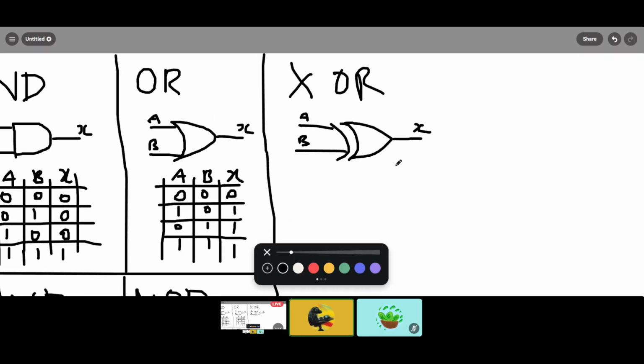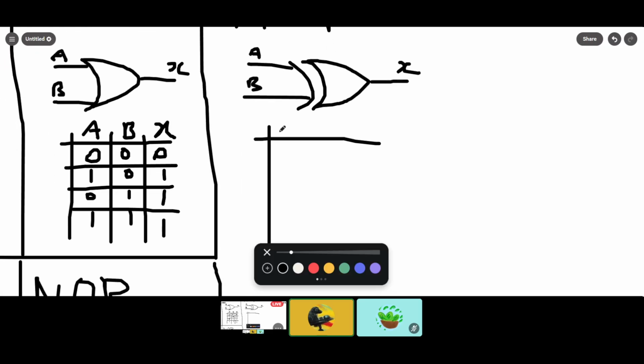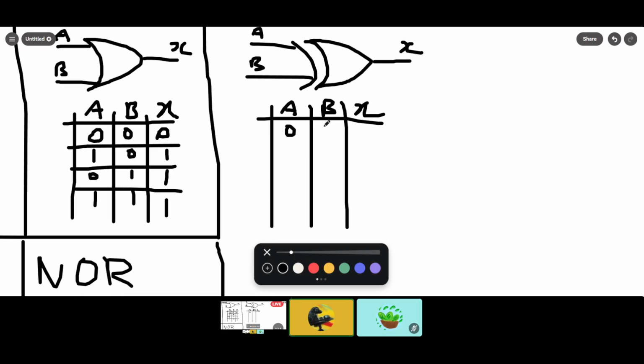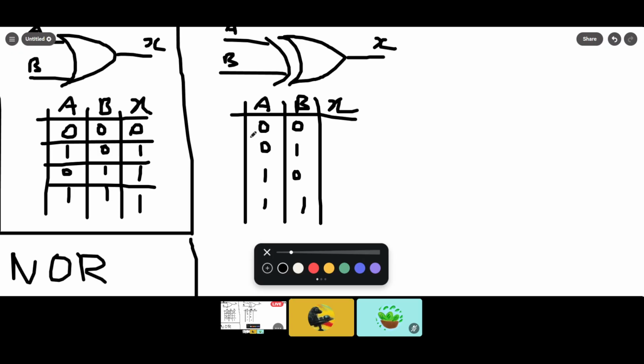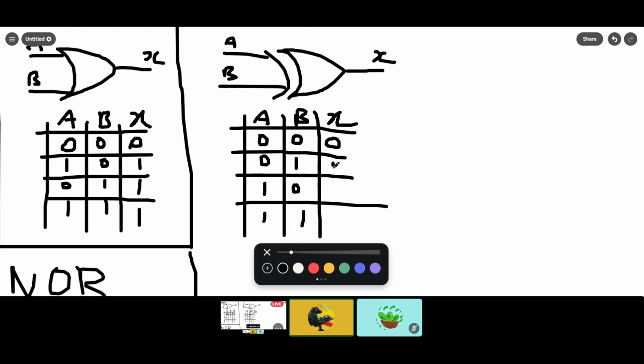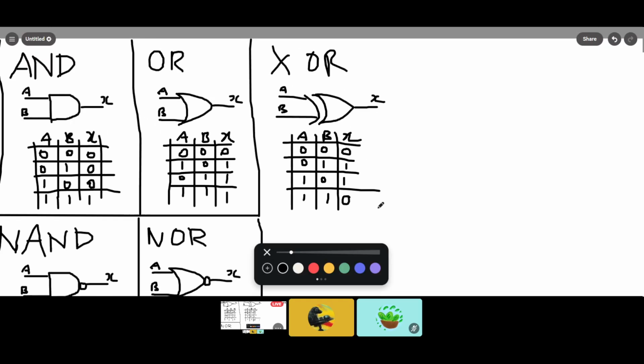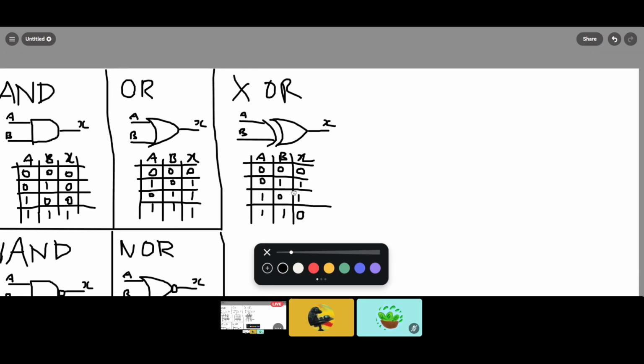And this is the XOR. So what is the behavior of this special logic gate? Let me draw the configurations. When both inputs are 0, it's 0. Then it behaves like an OR gate for a while. But when both inputs are 1, it is 0 as well. And that's the XOR gate.